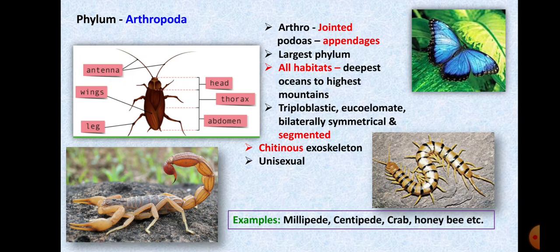Now, triploblastic, eucoelomate, bilaterally symmetrical, and segmented. Now, one more thing for better understanding. Now we are going one phylum higher every time, right? So you might have observed that triploblastic is now prominent in every phylum that we are studying. Eucoelomate, yes. Initially it was diploblastic.